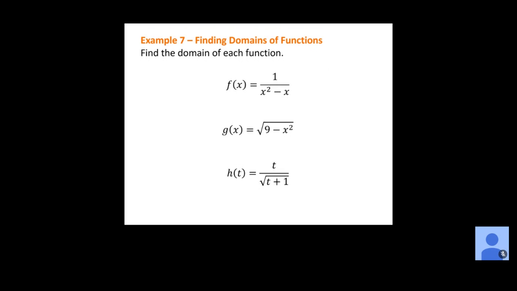So what we want to think about here is that entire denominator, x squared minus x, cannot be equal to 0. Whenever you have x's in the denominator, just take the entire denominator and say that it cannot be equal to 0. Now we need to solve that. How am I going to solve x squared minus x can't be equal to 0?